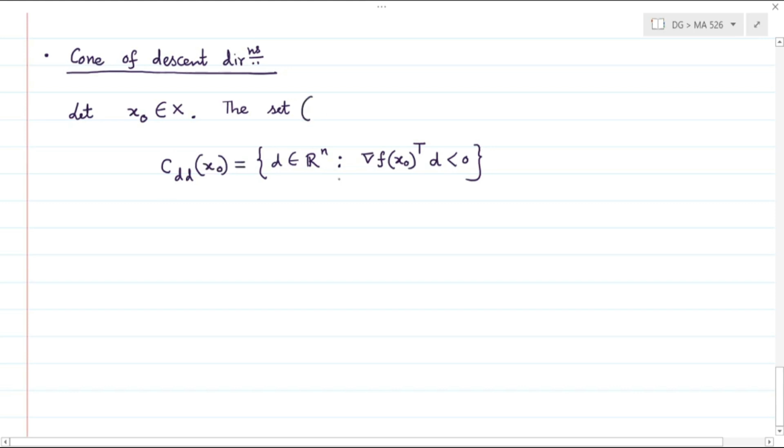We can easily check that this set CDD at x0 is indeed a cone, because if D is a descent direction, then lambda D is also a descent direction for any lambda greater than 0.